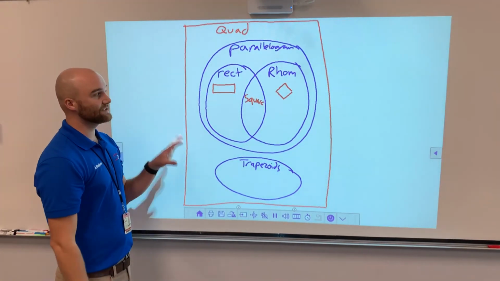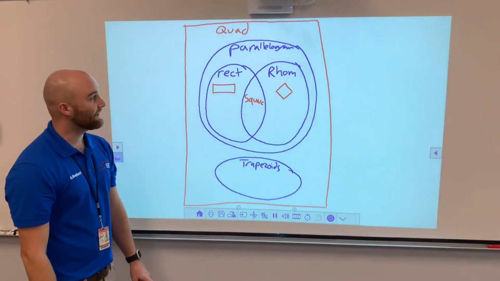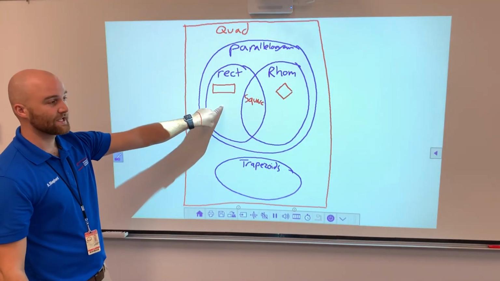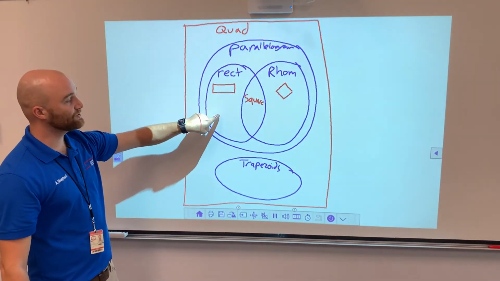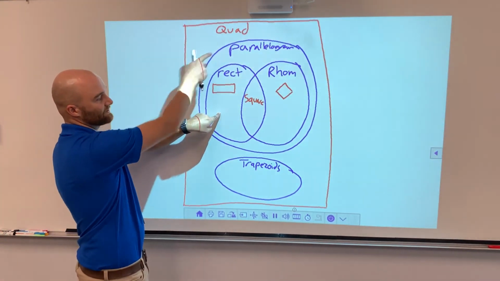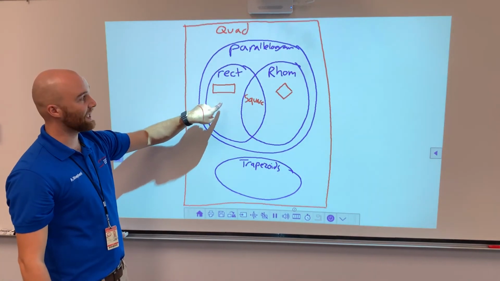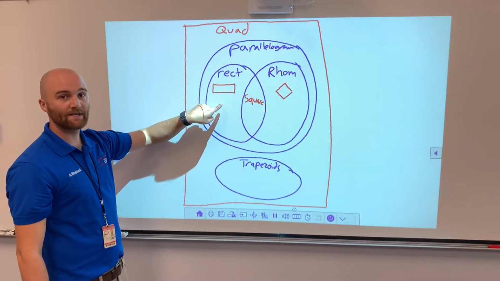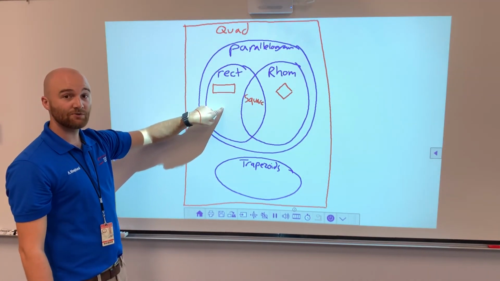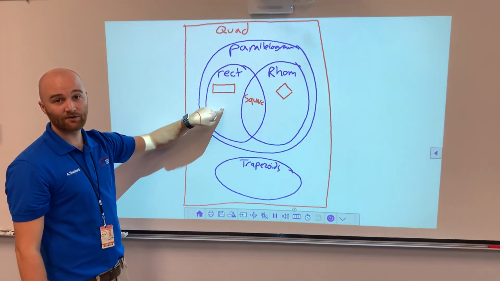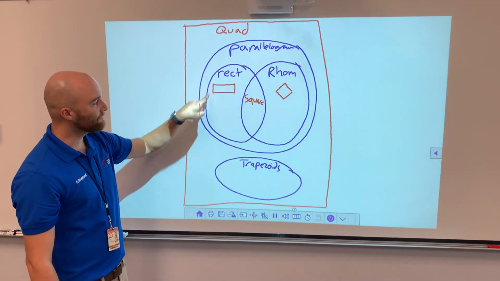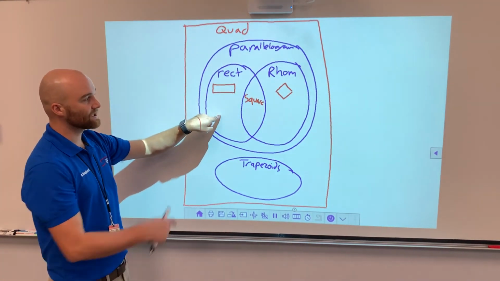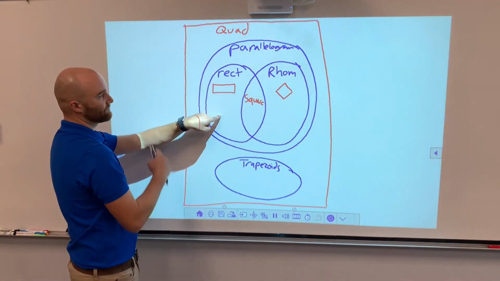But we can use this to figure out the relationships. If I put my finger in rectangles and I move it all the way around the rectangle circle, do you see how it's always still in parallelograms? That means that every rectangle is always a parallelogram. It has 2 names. You can either call it a rectangle or you can call it a parallelogram. Do you see how no matter where I move my finger in rectangles, it's always inside the quadrilaterals box?